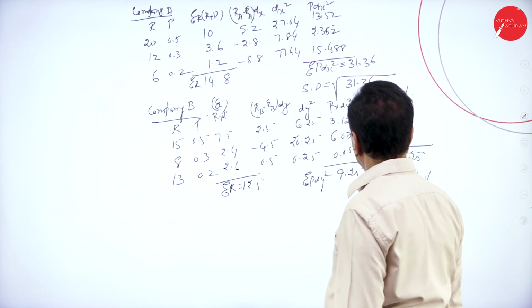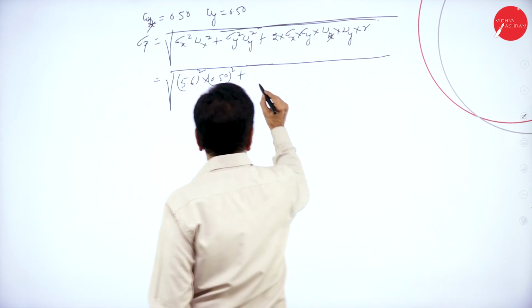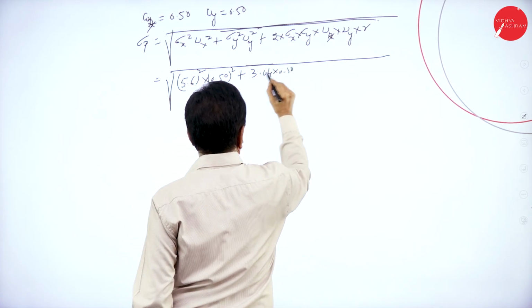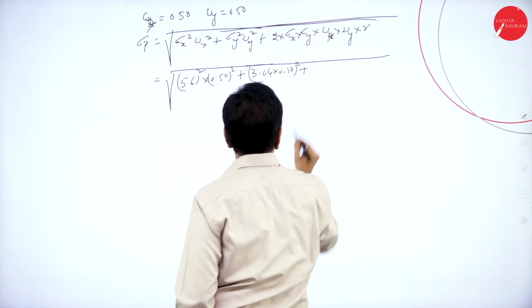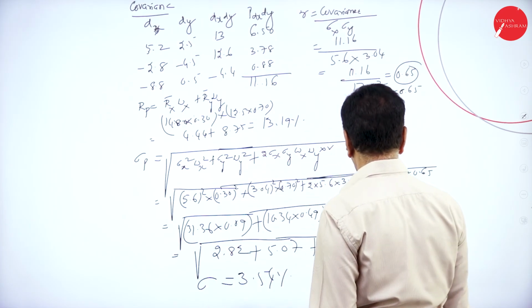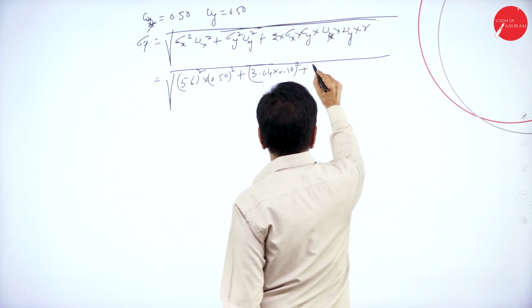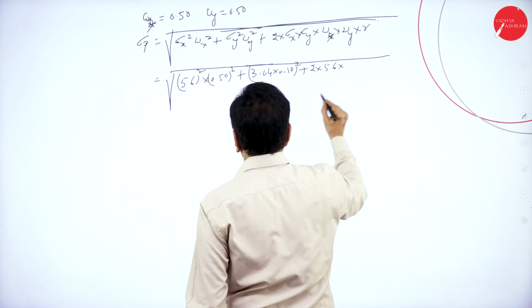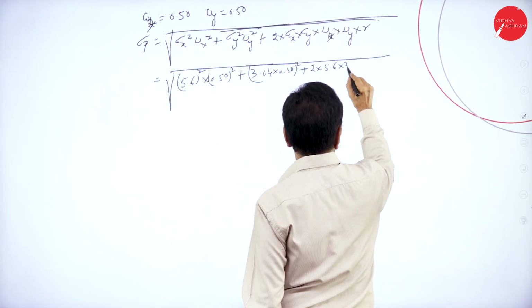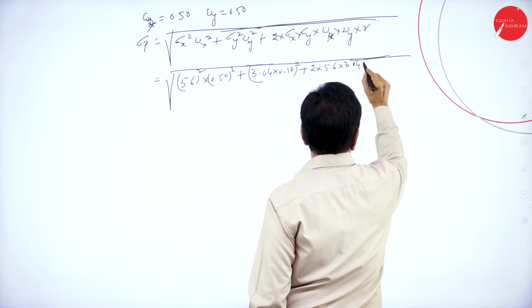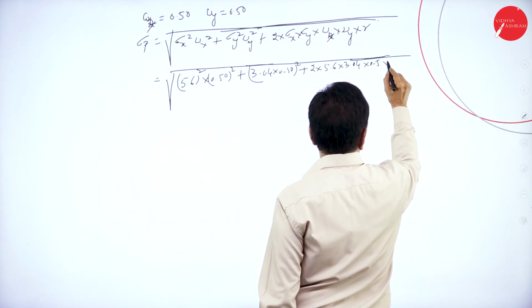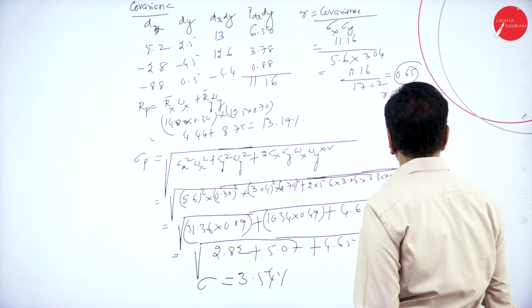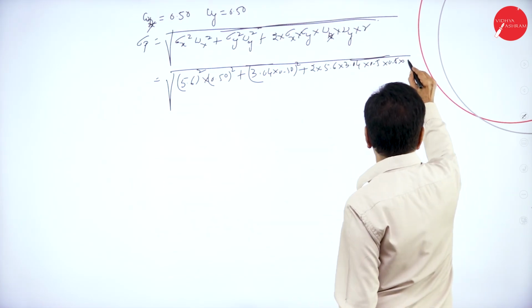Standard deviation 3.04 into 0.50 whole square, plus 2 into 5.6, 3.04, 0.5, 0.5 into your R is 0.65.